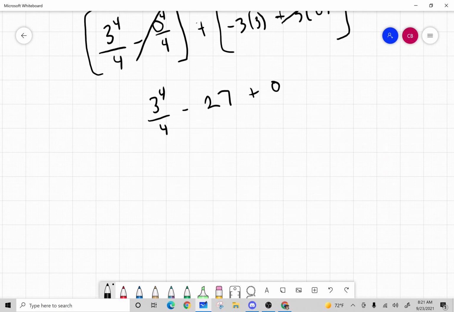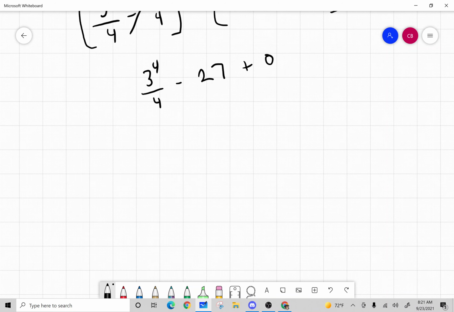So then this is 27. This is going to be 81 over 4 minus 27. And this is going to equal, 27 times 4 is 108.